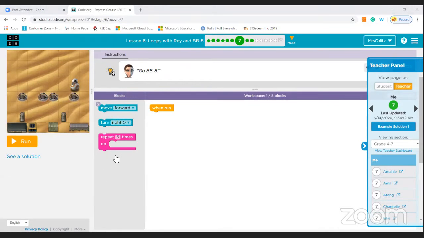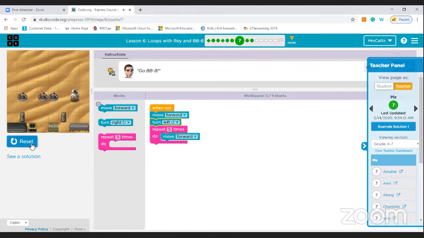So what am I supposed to do first? Rita or Gao or Amo, who can tell me? I probably need to move, yes, and then I need to turn left, Amo says. And then what do I need to do? I need to repeat it how many times? 5 times.